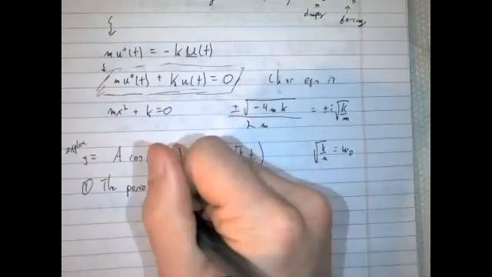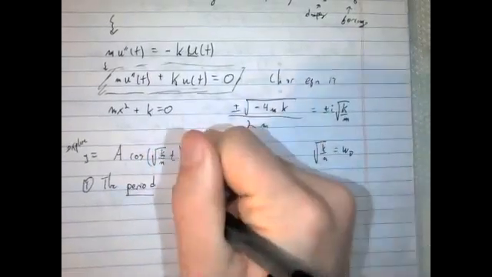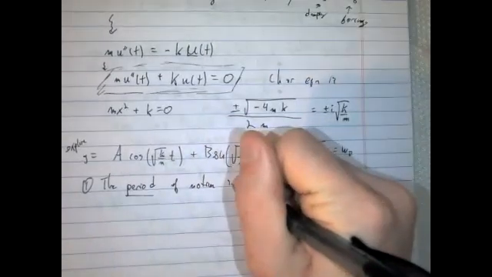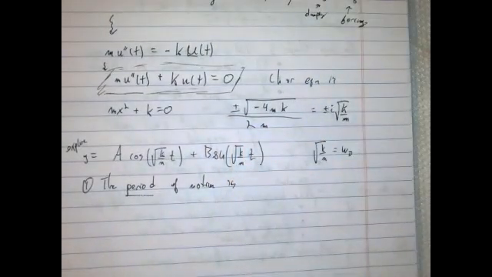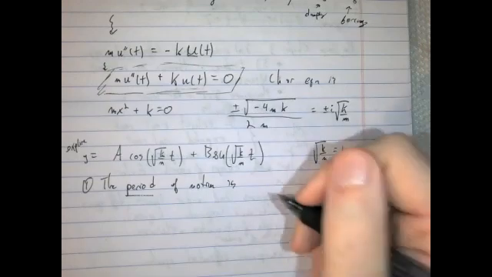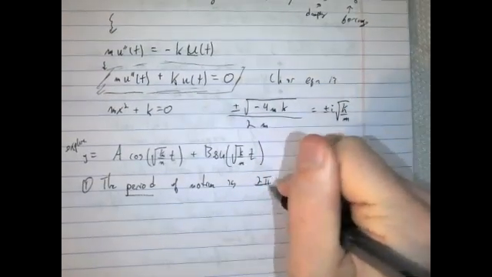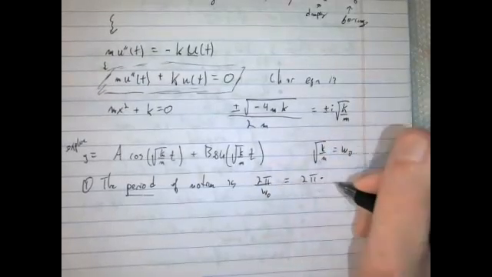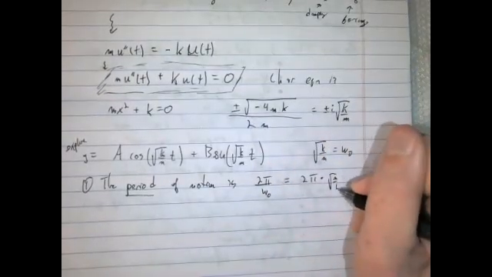So the period of motion is 2 pi over omega 0, which is the same thing as 2 pi times root m over k.